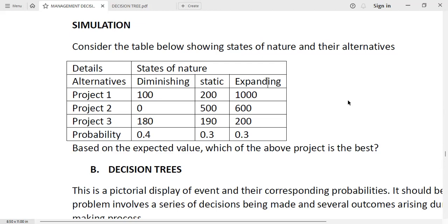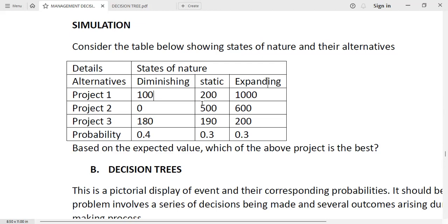They have given us the different payoffs. These figures you are seeing here, the 100, the 200, the 1,000, 0, 500, 600, 180, 190, 200. These are the payoffs or the expected outcome for each of the projects, depending on the state of nature that has been given to us.